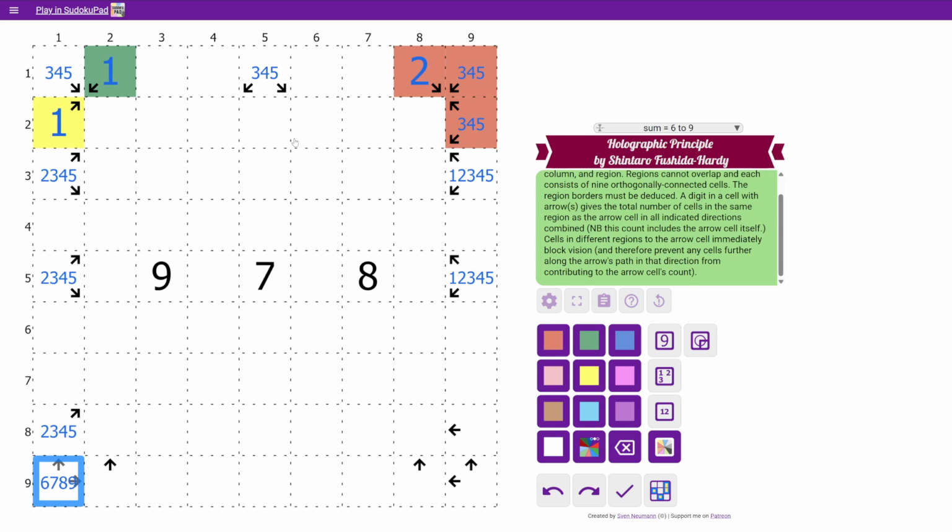And now the next thing was that this one has to be at least 3, and this one as well has to be at least 3. And then we could ask, can this cell here be a part of red? And the answer to that is no, because if it were, you could see that this would have to be at least a 3, 4, these would be a 3, 4, 5 combo.